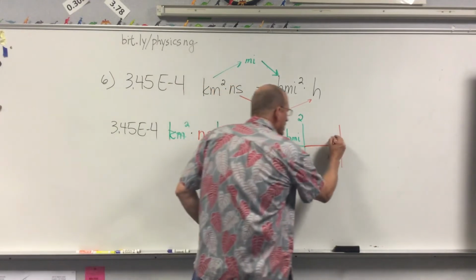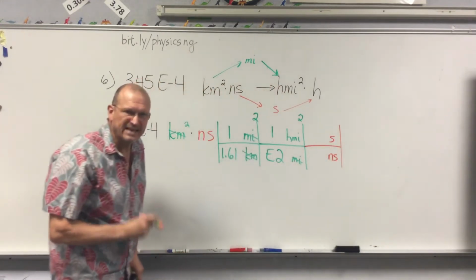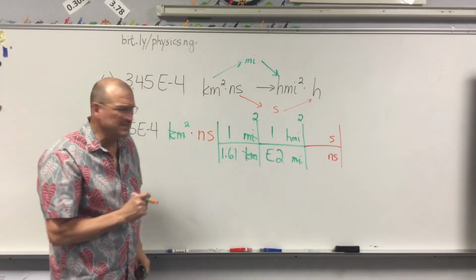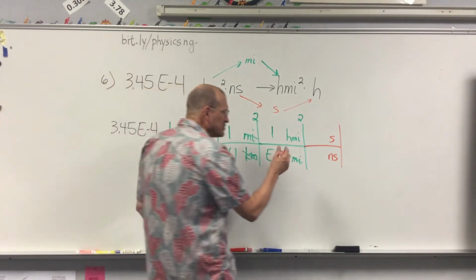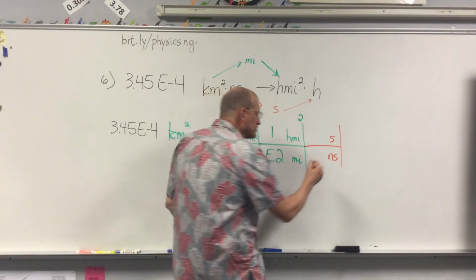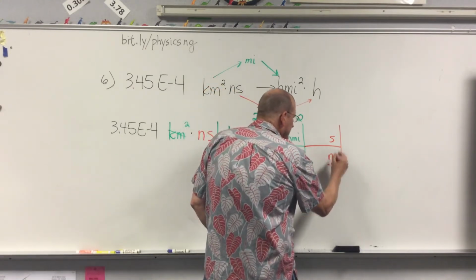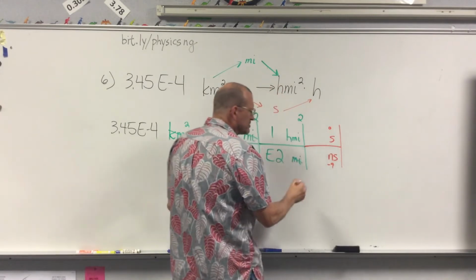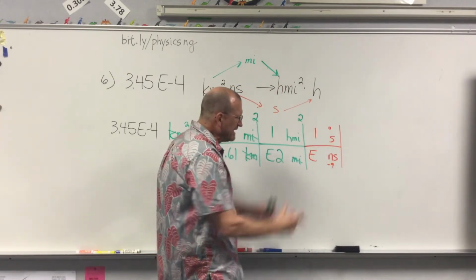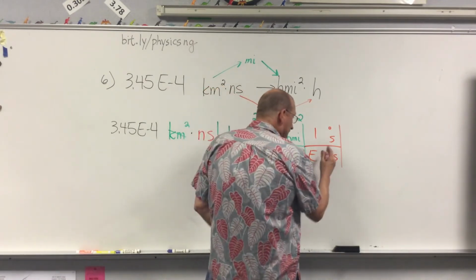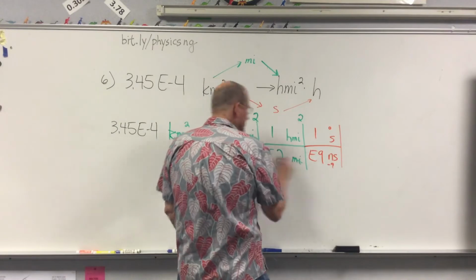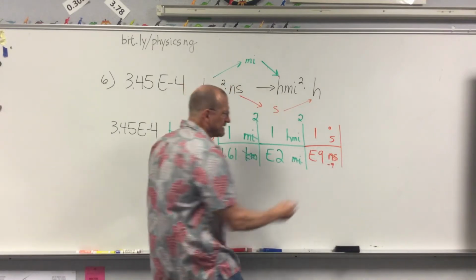I can convert that to seconds, and this does not have an exponent, so I'm not putting an exponent there. And this is another metric prefix conversion factor. Nano is -9, seconds is at 0, so the bigger one is seconds. The other side gets the E. 0 and -9 are 9 apart on a number line, so this would be a +9. So my nanoseconds now have canceled, and I'm left with seconds.